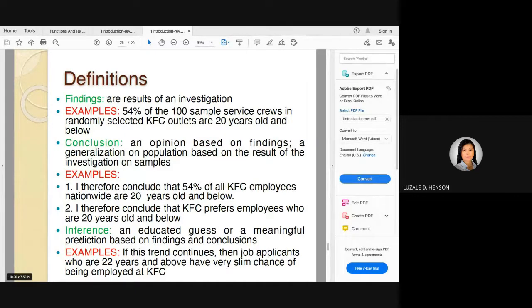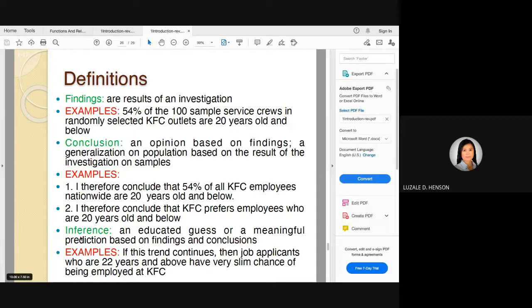But when you say conclusion, it's an opinion based on findings. So you're going to generalize now with reference to the population. So you would say, I therefore conclude that 54% of all, take note of the word all, KFC employees nationwide, so you're not referring now to 100 only, but nationwide, are 20 years old and below.